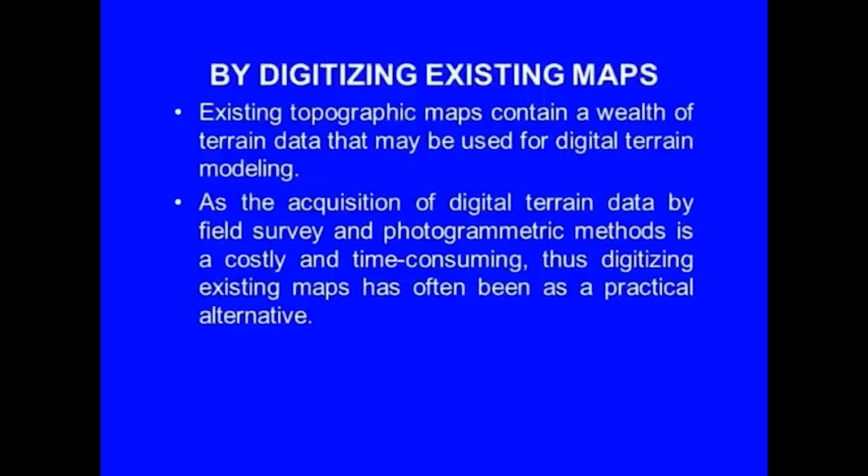The third method of data collection could be by digitizing existing maps. Existing topographic maps contain a wealth of terrain data that may be used for digital terrain modeling. As the acquisition of digital terrain data by field surveys and photogrammetric methods is costly and time consuming, digitizing existing maps has often been a practical alternative.